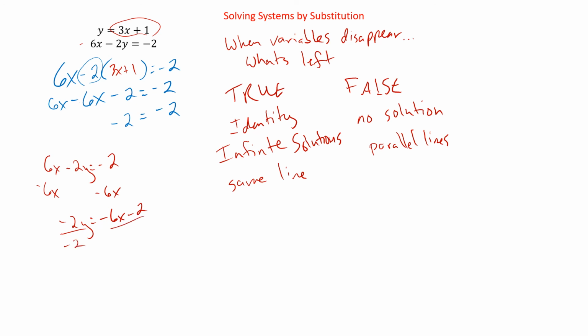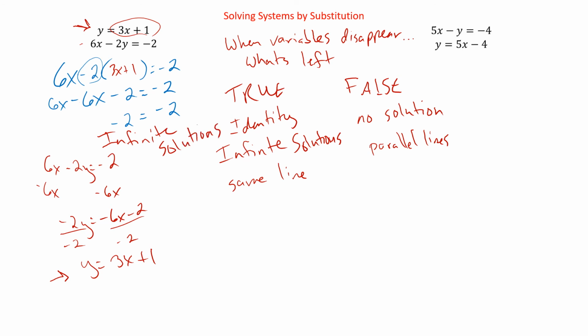Divide everything by negative 2 to get y equals negative 6 divided by negative 2 is 3x. Negative 2 divided by negative 2 is 1. Notice that these are actually the same line. We don't have to notice it beforehand, though. When our variables disappear and we're left with a true statement, that means that there are infinite solutions.